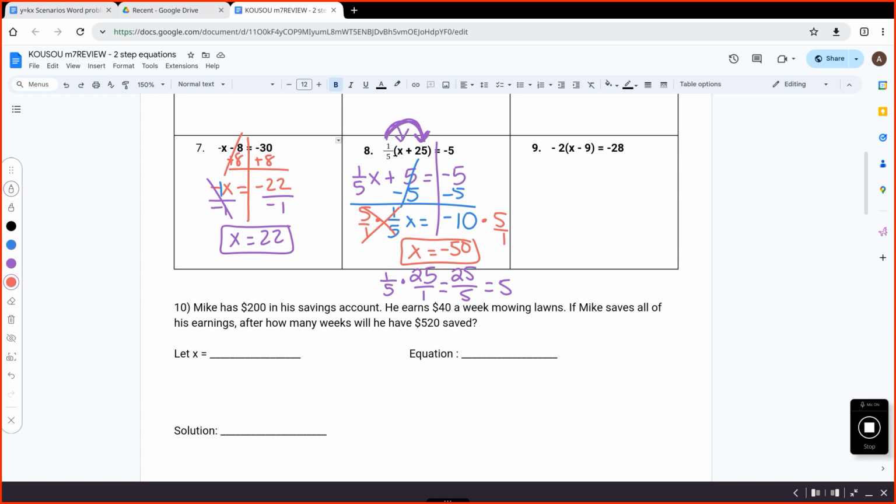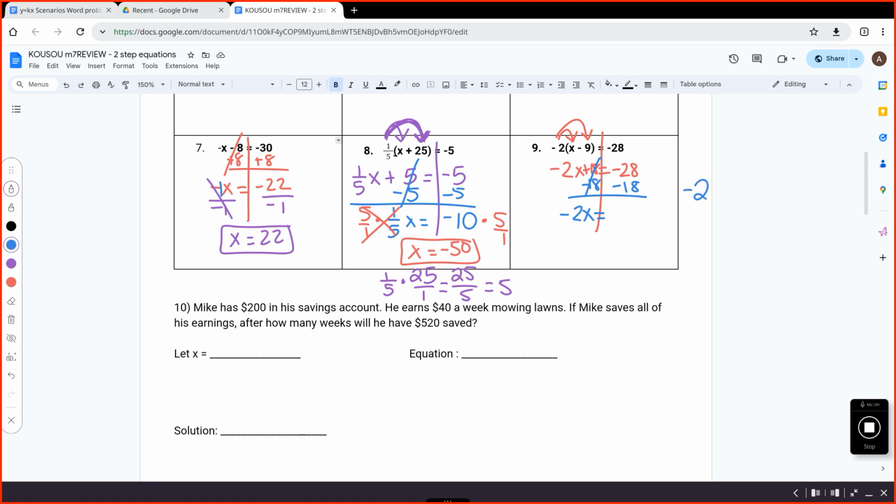All right, here is the next example. So negative 2 times x is negative 2x. Negative 2 times negative 9 is positive 18, and we are making that equal to negative 28. All right, so we are first going to work with this plus 18. We're going to do the opposite of that, which is minus 18 on both sides. These guys cancel. We're left with negative 2x is equal to negative 28 minus 18.